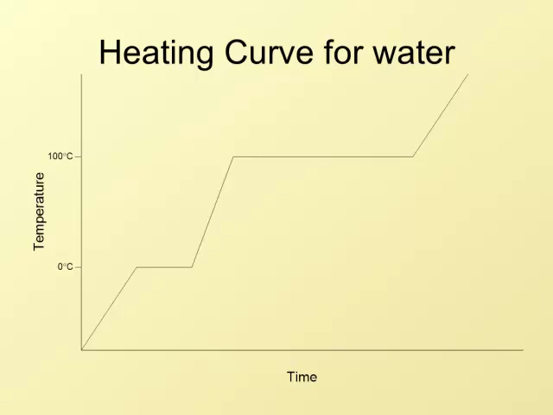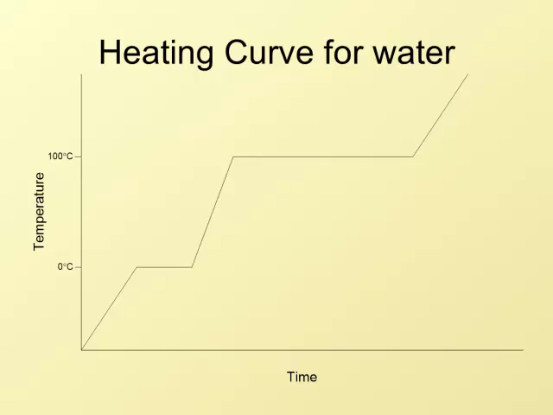While this is the heating curve specifically for water, most substances have a heating curve that looks like this shape, at least generally. The slopes of the lines might be different. The temperatures at which you get the horizontal lines would be different, but you have this rise, flatline, rise, flatline appearance in most heating curves.